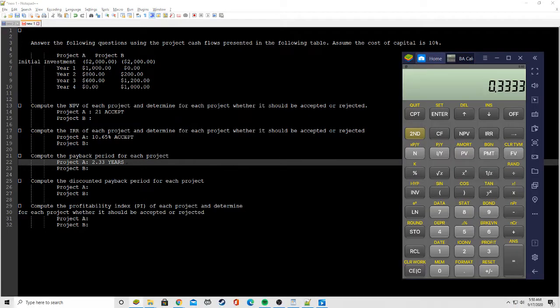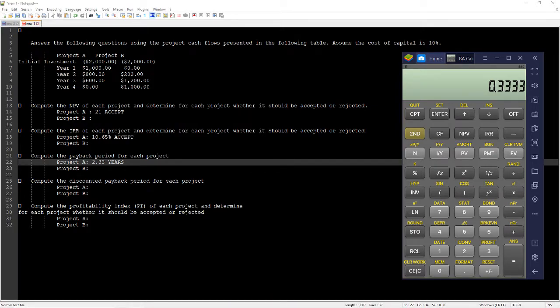Now, the discounted payback period is the same as the payback period, except we have to discount our cash flows for each year. Let me show you how. We take the 1,000 cash flow for year 1 and divide it by 1 plus the cost of capital, which is 1.1, to the first power.